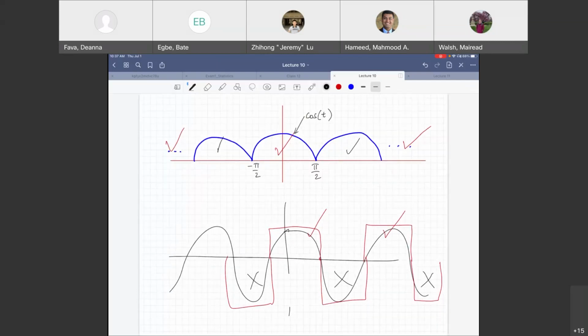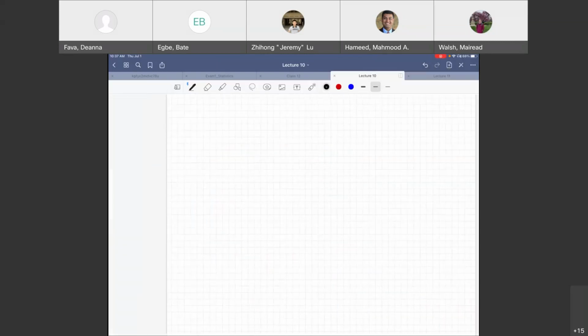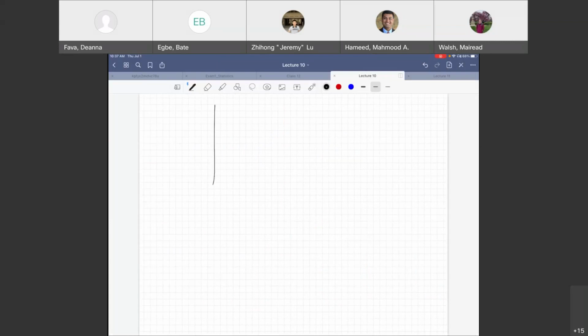So what you can do is something like this: that's your one square wave, in a standard form, and you know its Fourier series coefficients, plus this. Is this also in the standard form? No, it's not.